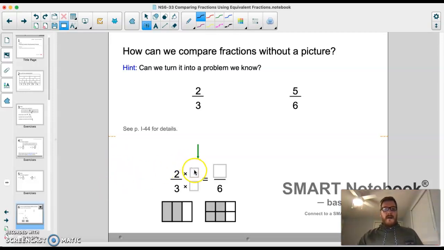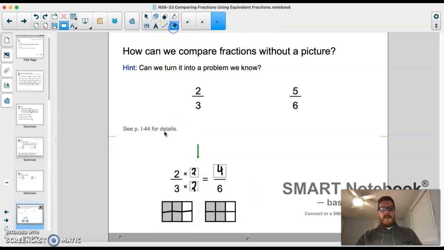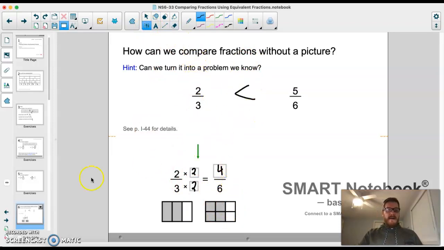If I multiply this fraction by a scale factor of 2, this 2/3 here is going to become 4/6. Those are called equivalent fractions. And then I know that 4/6 is going to be less than 5/6. So I would say that 2/3 is less than 5/6.